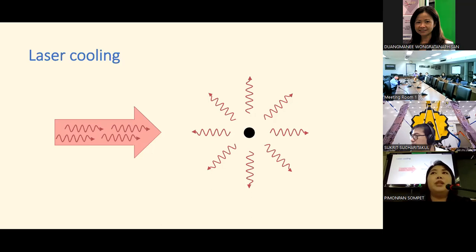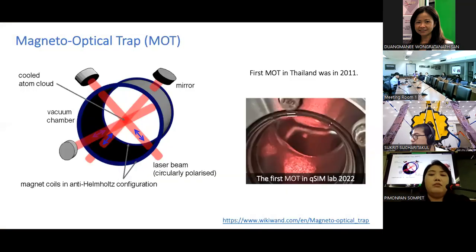So from the Doppler effect and absorption and emission of photons, we have a trick to slow down atoms. But we not only want to slow them down, we want to trap them as well.